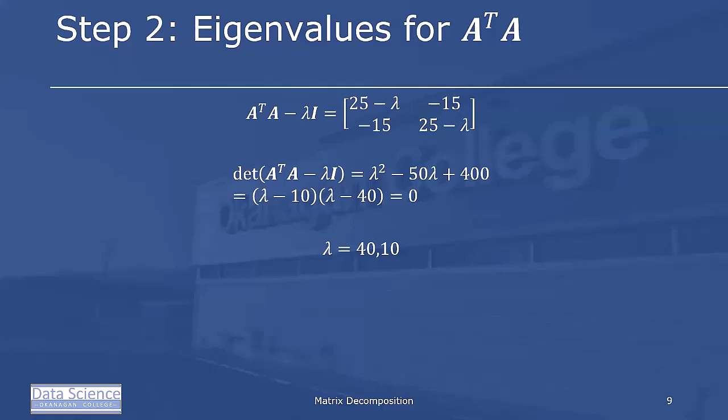Computing A transpose A minus lambda I, we get [25 minus lambda, -15; -15, 25 minus lambda]. The determinant of that is lambda squared minus 50 lambda plus 400, which we factor to be lambda minus 10 times lambda minus 40. Setting that equal to 0, our lambdas are 40 and 10.